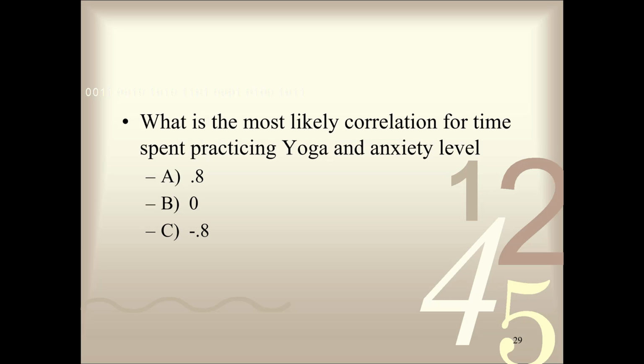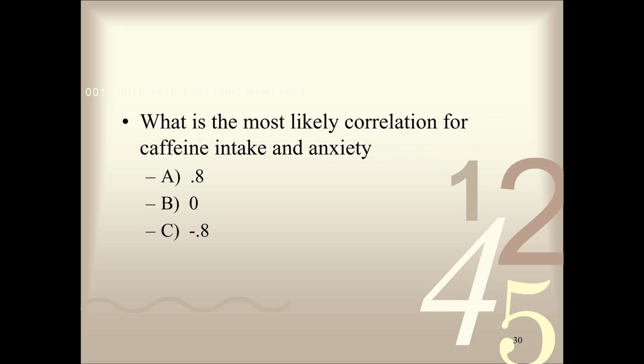Okay, so let's look at some other examples. What might you expect to be the correlation for time spent practicing yoga and anxiety level? You would expect that the more time spent practicing yoga, anxiety levels should go down. Since that's an opposite relationship, that would be a negative correlation, but probably a significant correlation, so -0.8. What about correlation for caffeine intake and anxiety?